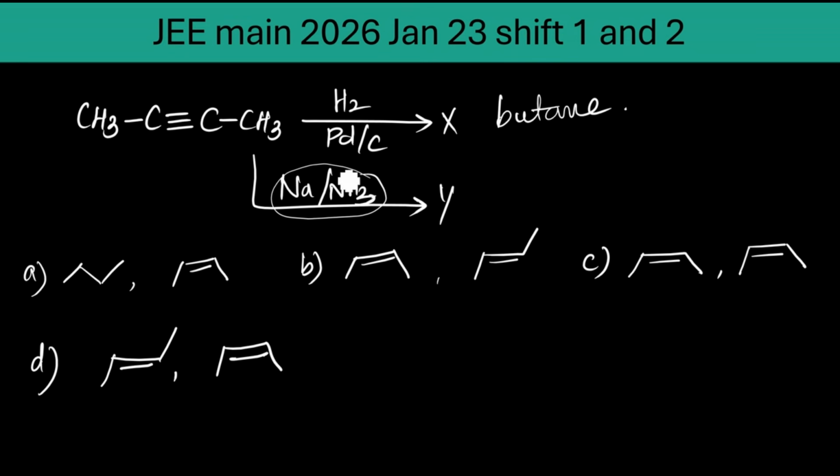Na/NH3, you remember, Birch reduction, Lindlar catalyst, cis and trans. The question is asked from hydrocarbons. So this will give you the trans product. Remember, B for Birch, T for trans, we told. The partial hydrogenation with Lindlar catalyst will give you the cis product, butene. So in the presence of a catalyst, we can expect the cis and the trans product.